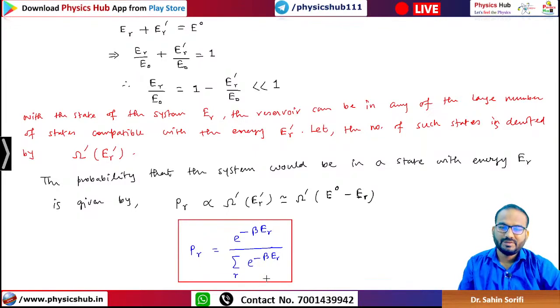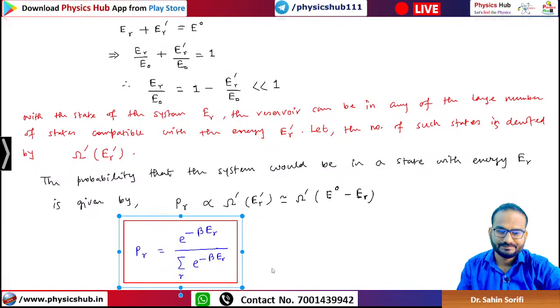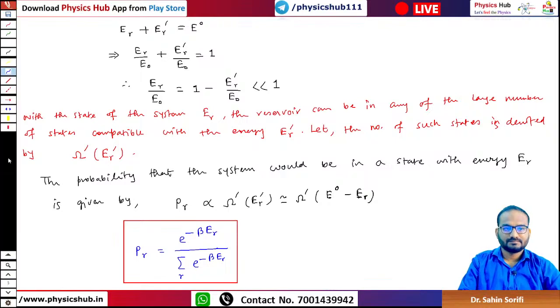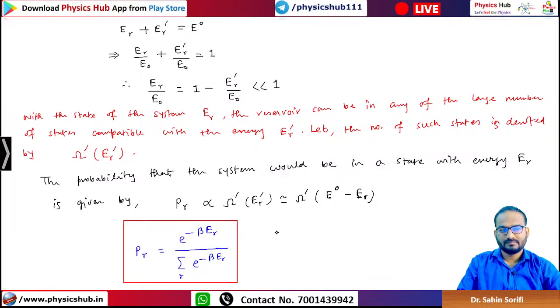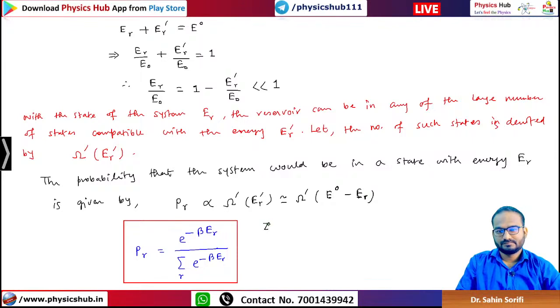The term in the denominator is known as the partition function of the system. Let's say Zn, or also people write Z beta.